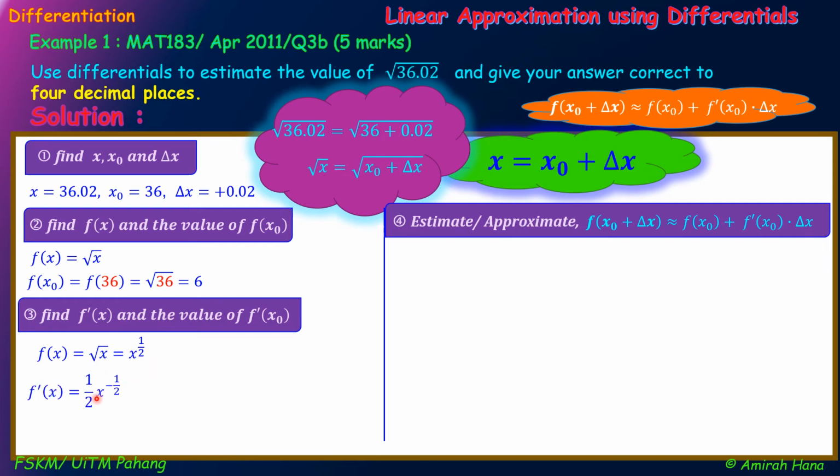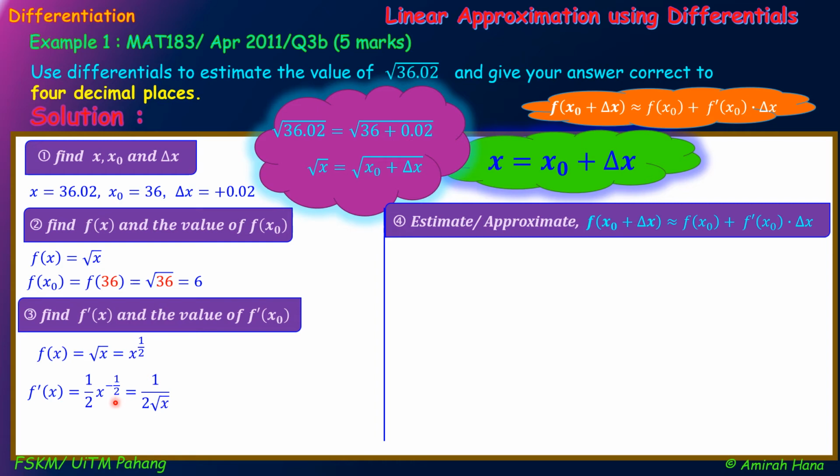And after that, we can differentiate. So we have f'(x). When we differentiate x to the power of half, we use the power rule. When we use the power rule, we move the power to the front, then x, and then the power minus 1, which is half minus 1, equals negative half.